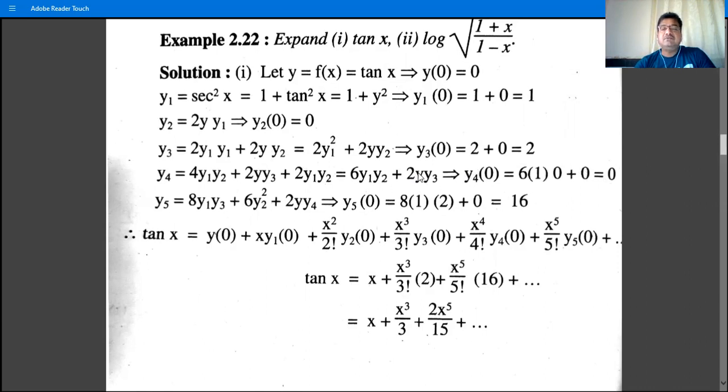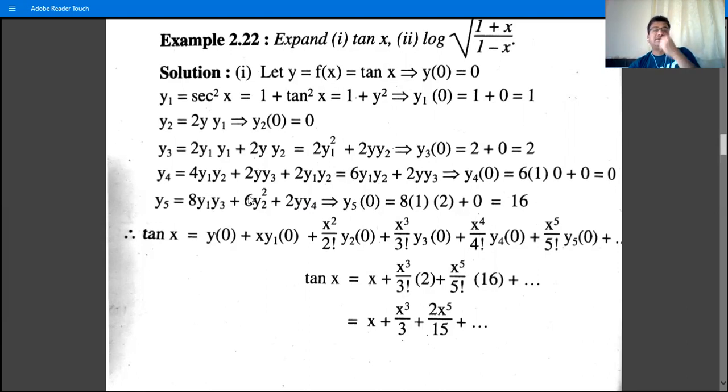Then y5, the derivative of this quantity: 6 as it is, u into v rule, y1 y3 plus y2 square, plus again by the u into v rule, 2 y y4 plus 2 y1 y3. That term 2 y1 y3 and this 6 y1 y3 become 8 y1 y3.